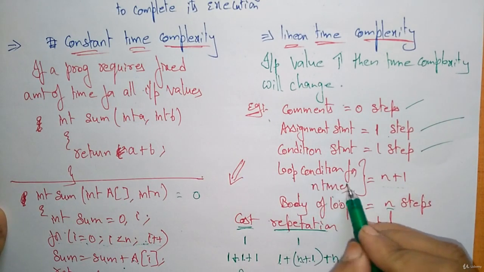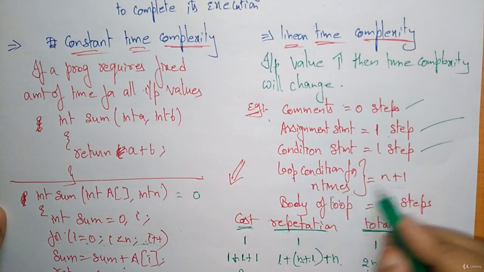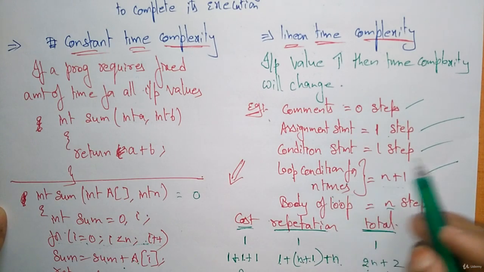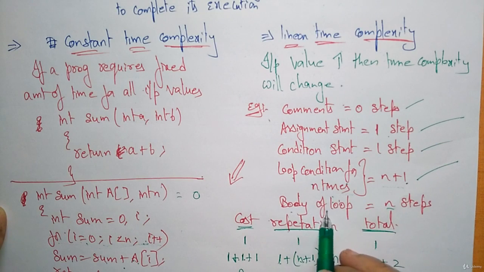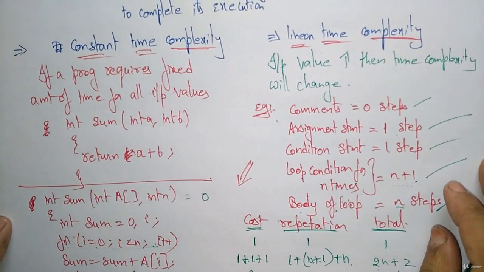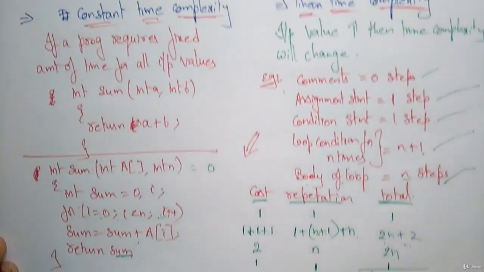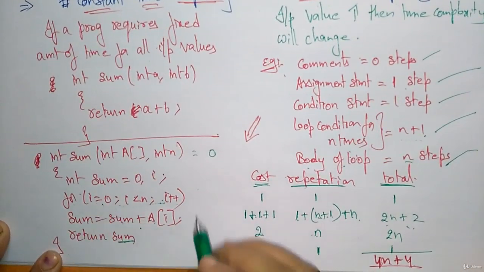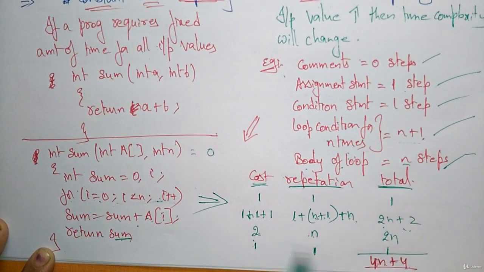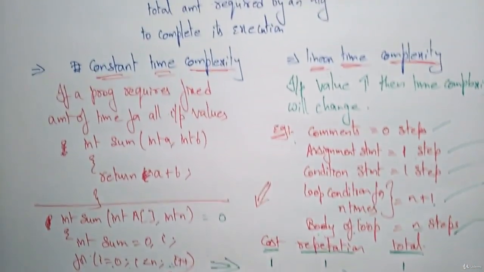Whenever you have loop conditions for n times, you take n plus 1 steps, and the body of the loop is calculated as n steps, the linear time complexity. So this is the example, and for this example you calculate the cost and the time complexity. Thank you.